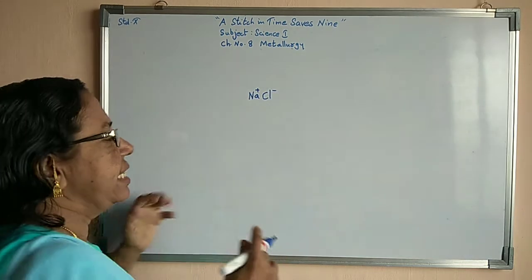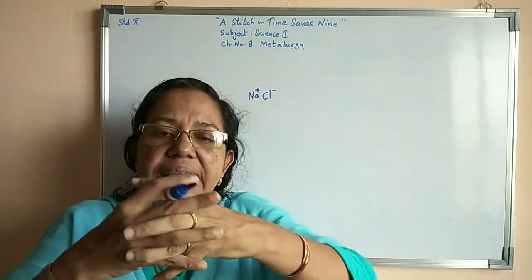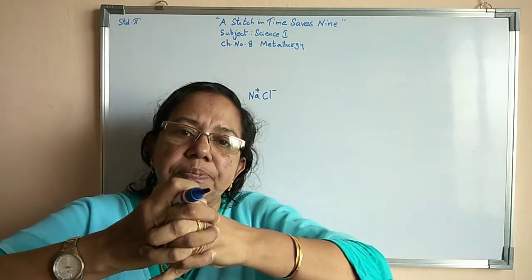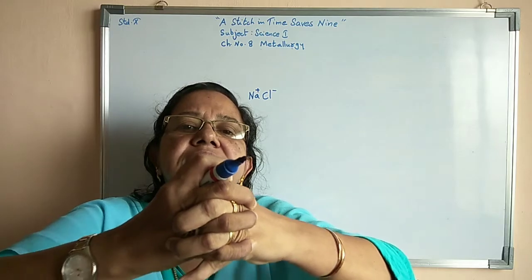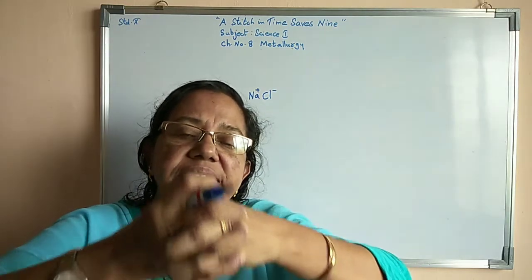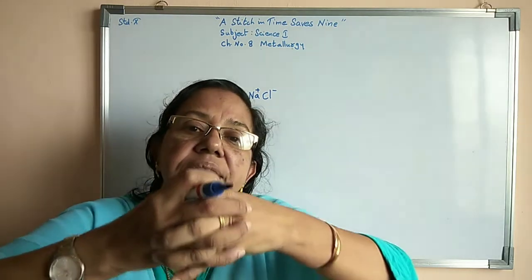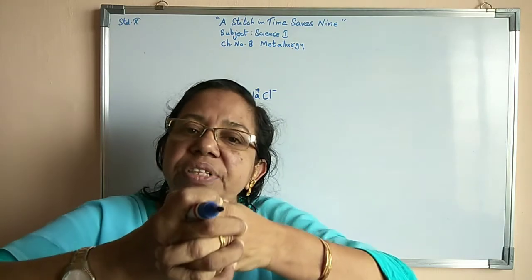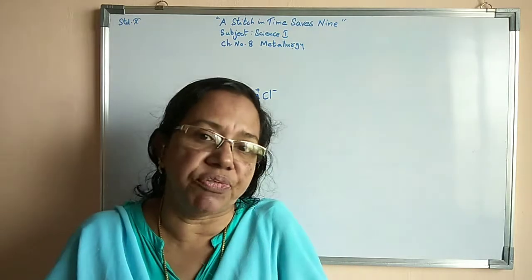When it is in solid form, the ions are tightly bound with each other, and no one can separate each and every ion. They have an intermolecular force of attraction and cannot separate from each other in solid form.